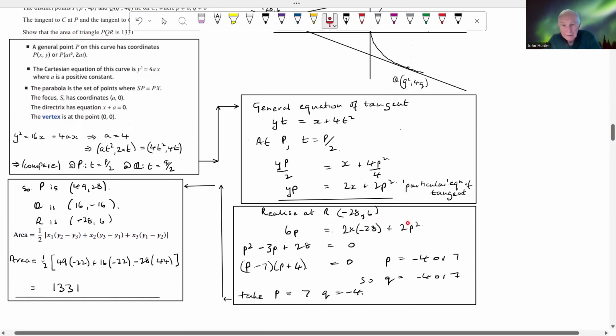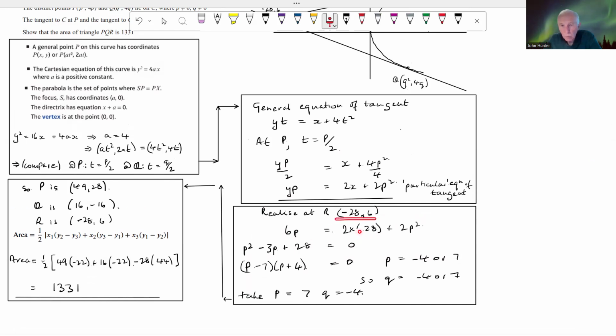So we can substitute this point into the equation, substituting these values in for y and for x. Work that through, rearrange it, and it gives us this quadratic.